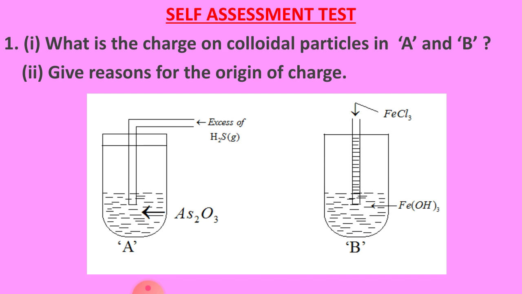So what happens basically here, which type of charge develops in A and which type of charge develops in container B? Here Fe(OH)3 is in container B and FeCl3 is passed to this container. So how they develop the charge in A and B, this you have to do by yourself by understanding the adsorption of charge on colloidal particles.